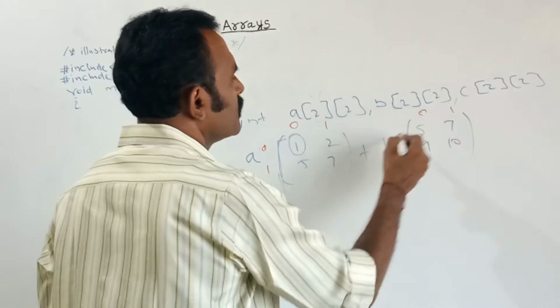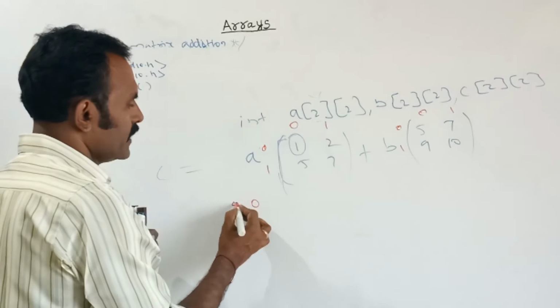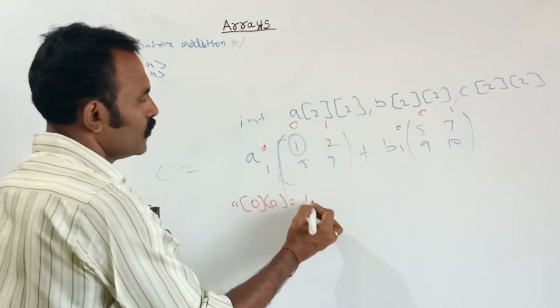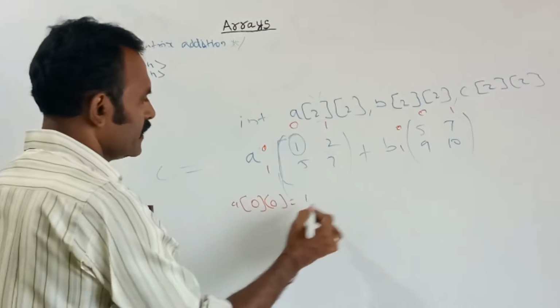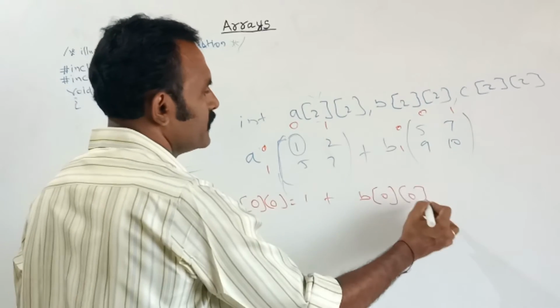A of 0th row and 0th column, the value is how much? 1. In the same way, B of 0th row and 0th column, the value is 5.